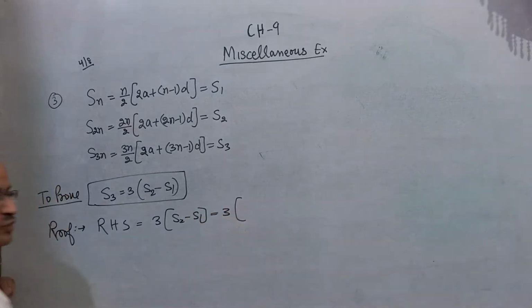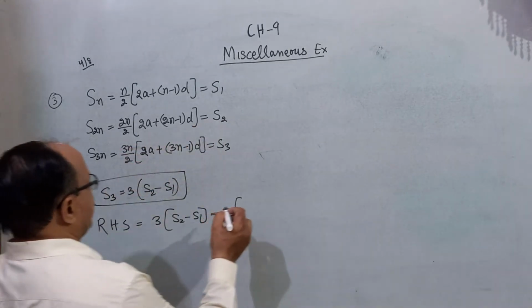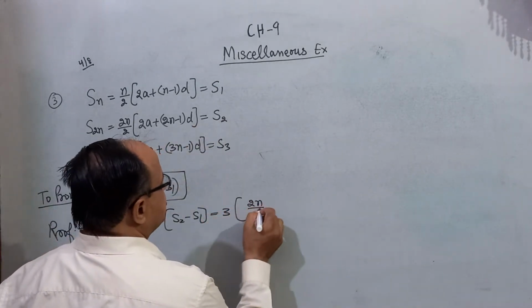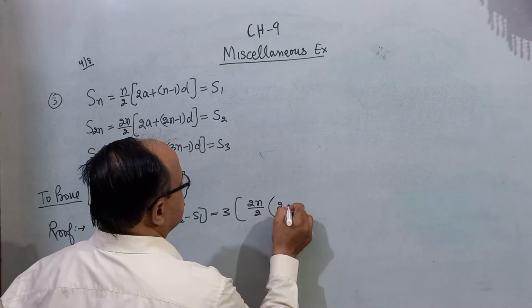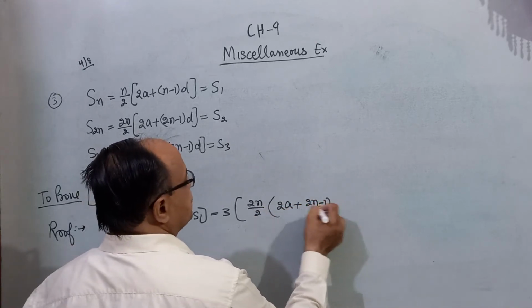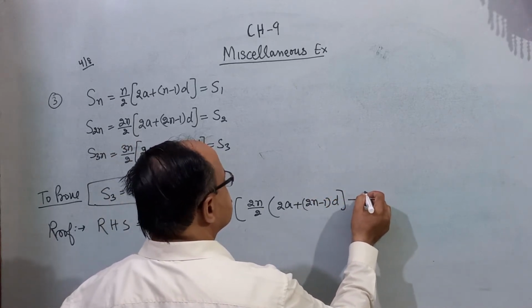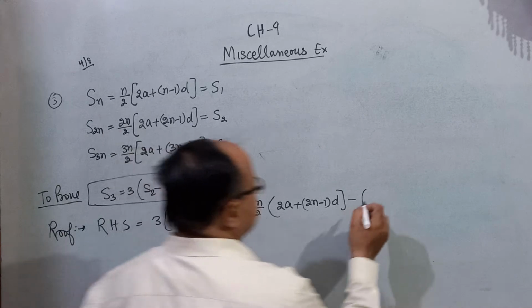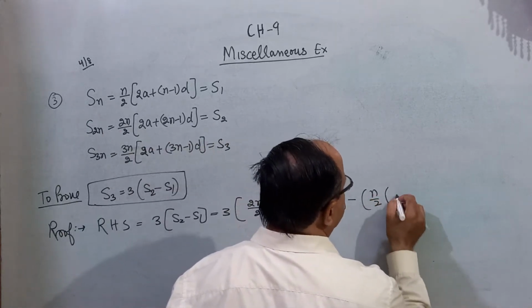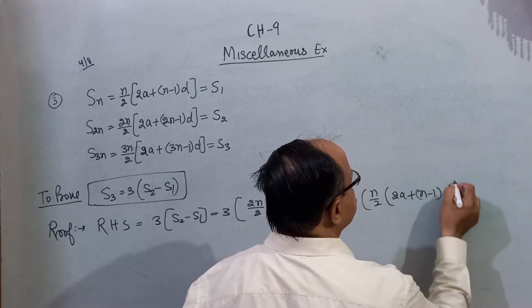Now put the value of S2. This is the value of S2. You can write here 2n by 2, that is 2a plus (2n-1) into d, minus S1. What is S1? n by 2, 2a plus (n-1) into d.